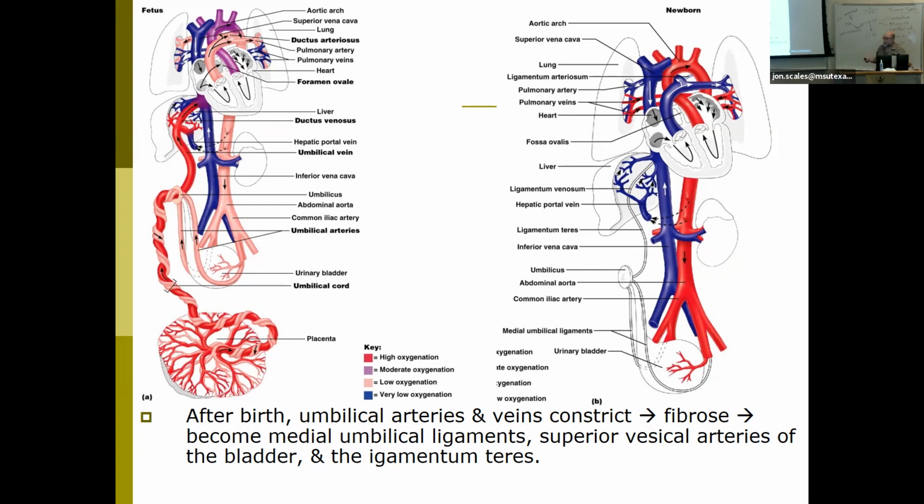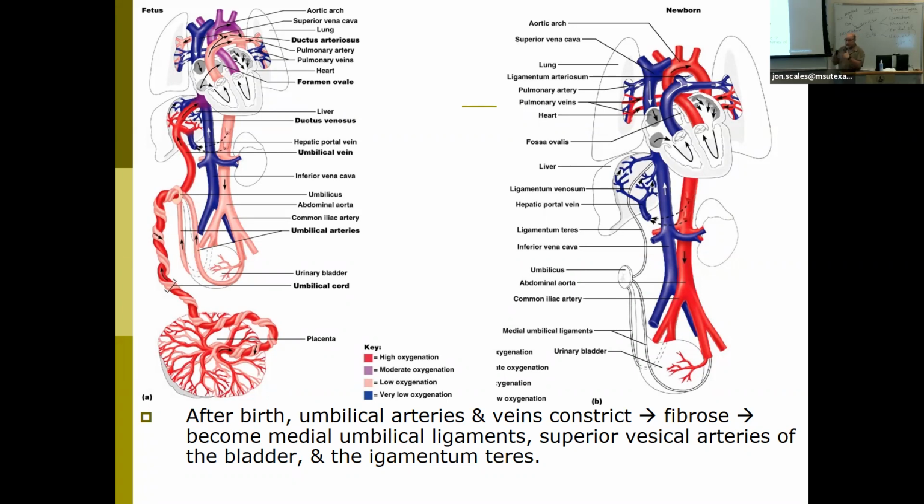The foramen ovale, since there's essentially much less blood flow coming up the vena cava from this vessel, that foramen ovale is pushed shut. And it's also pushed shut because the blood pressure coming from the superior vena cava is greater, and the blood pressure through the aorta is greater, and the blood pressure through the pulmonary trunk is greater.